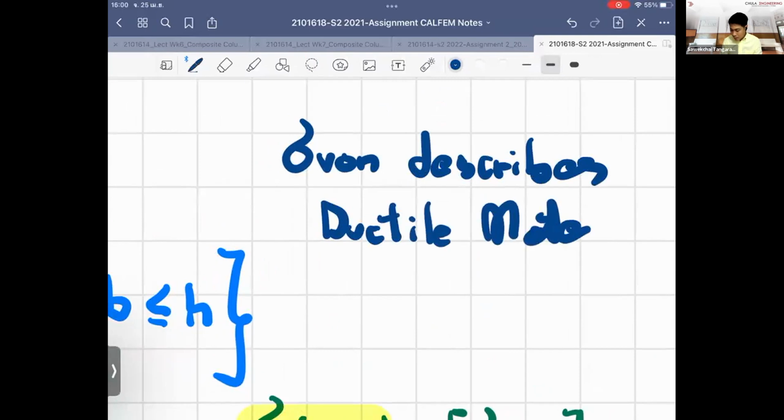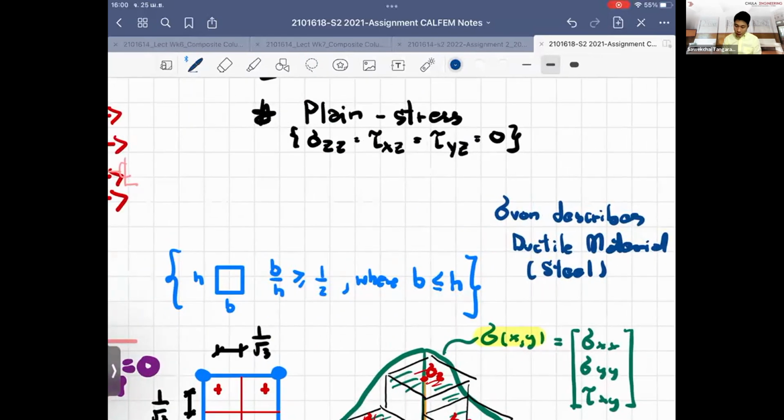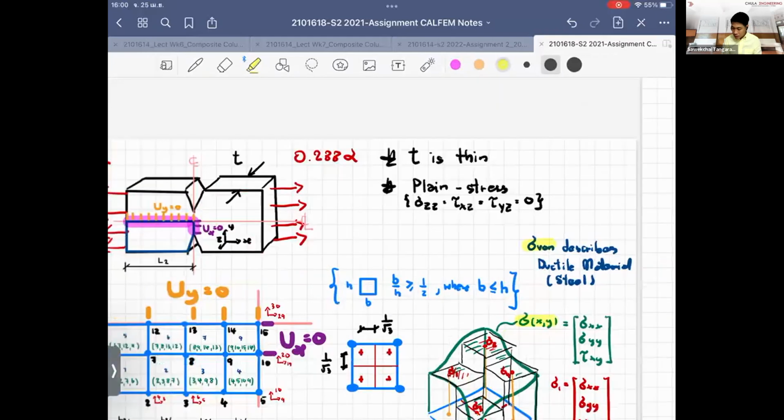One example of a ductile material is steel. It's used in describing the behavior of steel, right? And it gives the formulation of the von Mises stresses, right?